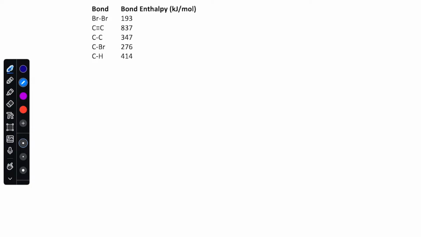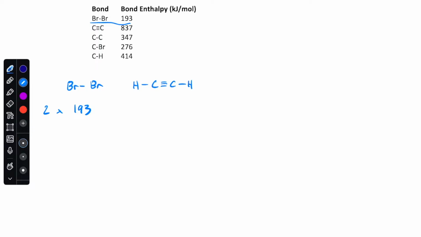So what I'm going to do is start out with our reactants. Br2 has a Br-Br bond, and we have 2 of those, and that's 193 from the table. Next, we have HCCH.